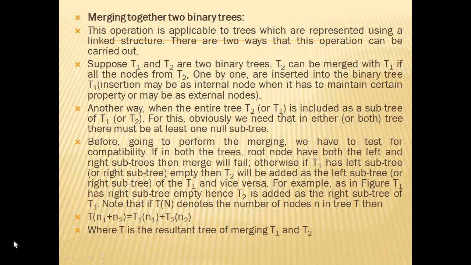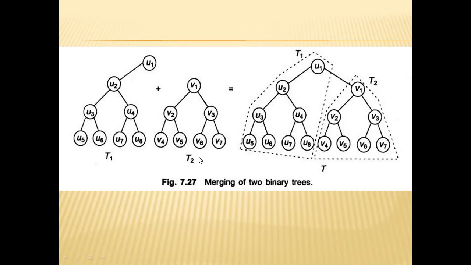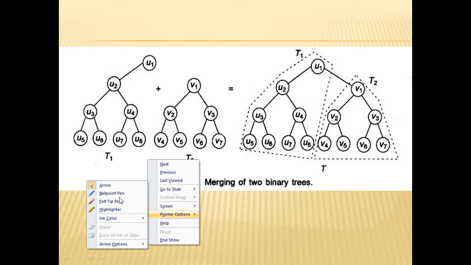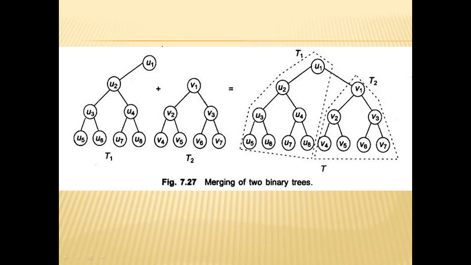There is another alternative method. Assume either T1 or T2 has one subtree as null. In this example there are two trees called T1 and T2.